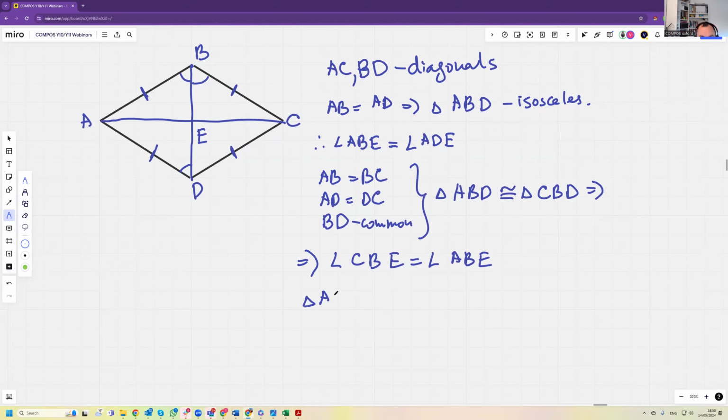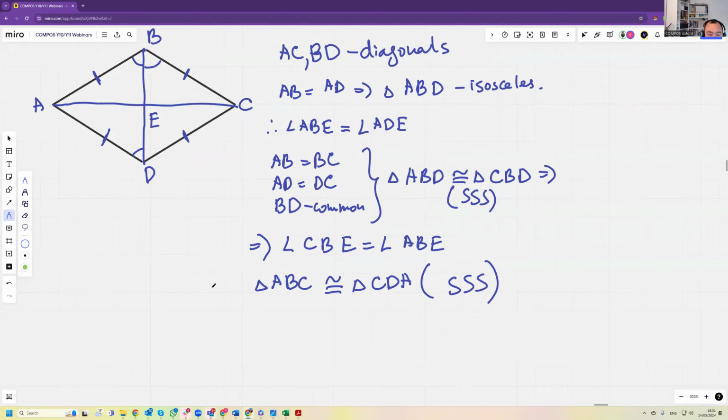Triangle ABC is congruent to triangle CDA, and that is SSS congruency.